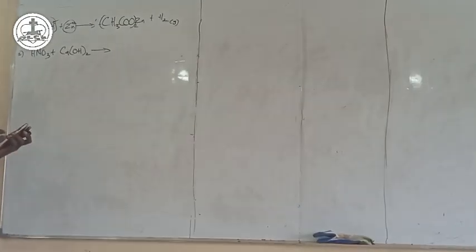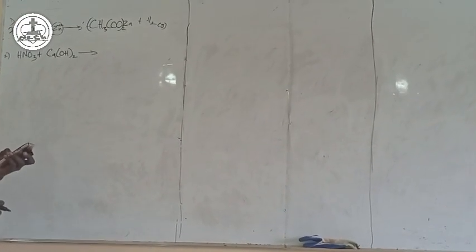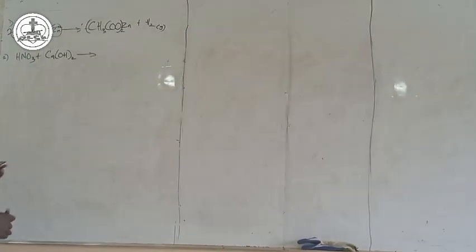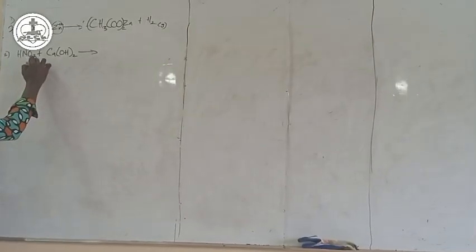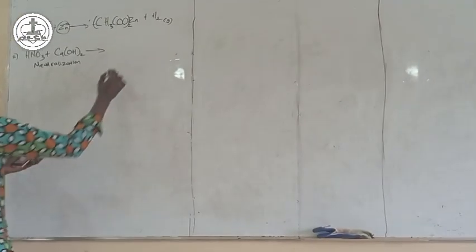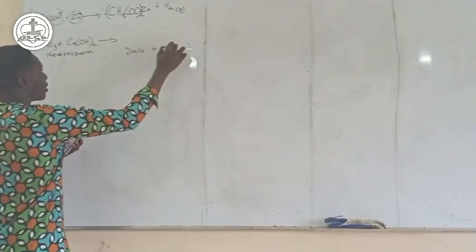They were asked to get the product, and we can only get the product from the balanced equation. This is a neutralization reaction. From a neutralization reaction, two products are produced: salt and water.